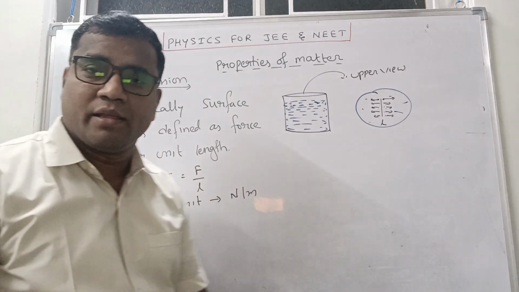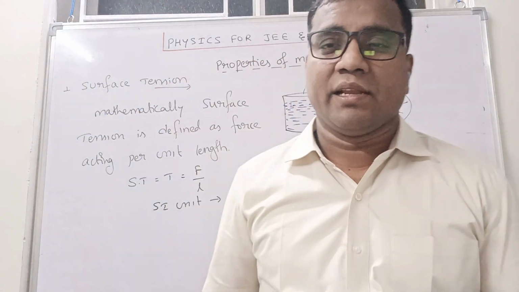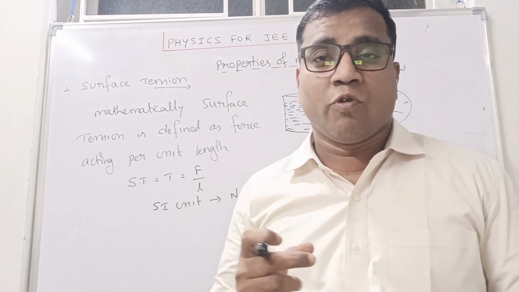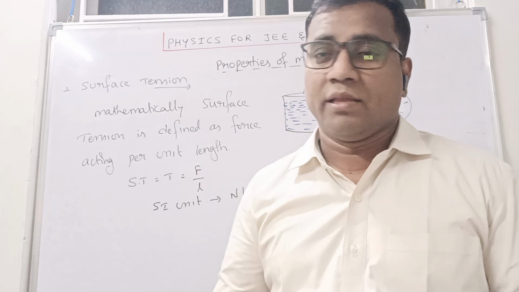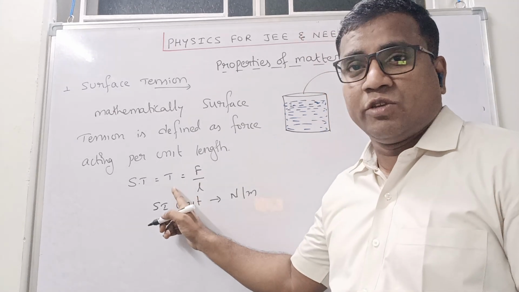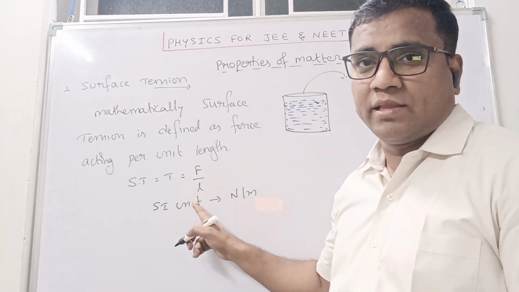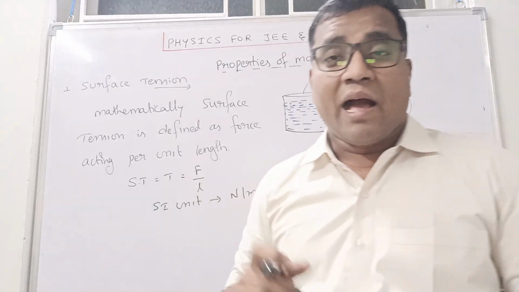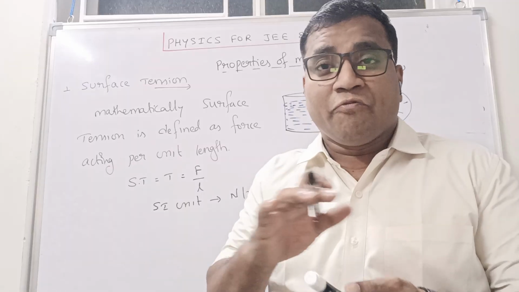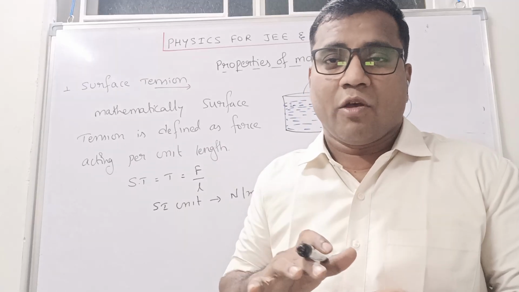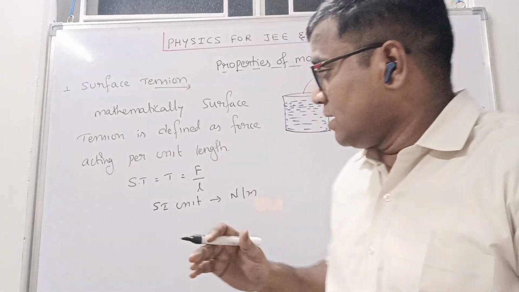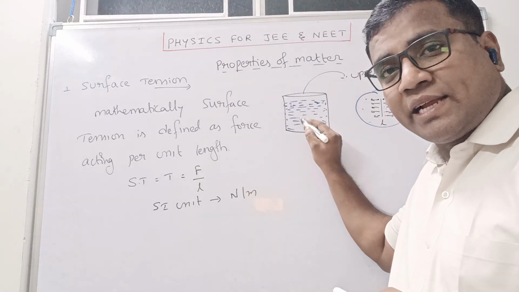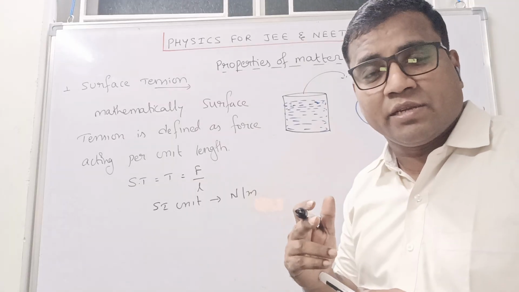Clear? Easy only. What is surface tension? Mathematically, surface tension is defined as force acting per unit length. So we write tension T is equal to force upon length. One more thing we have to understand: surface tension always acts on the free surface. In the last class itself we discussed that inside the liquid there will be no surface tension.